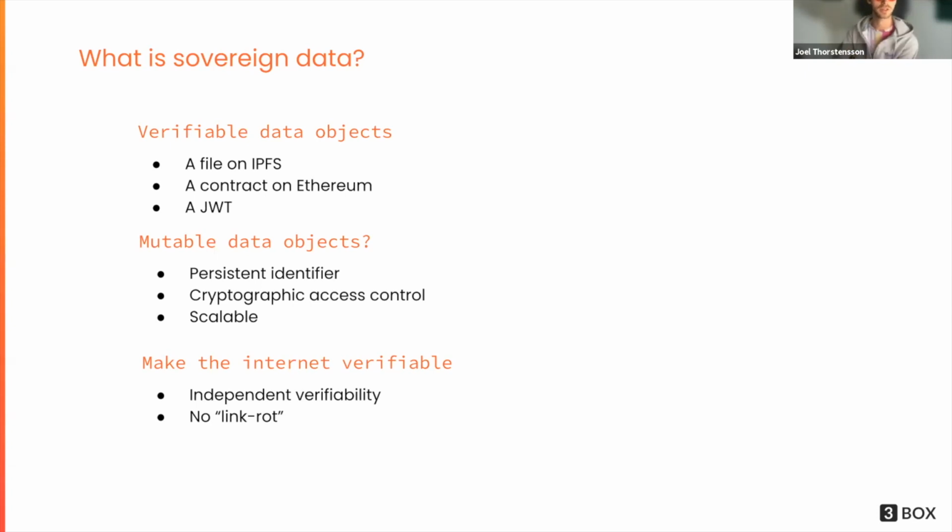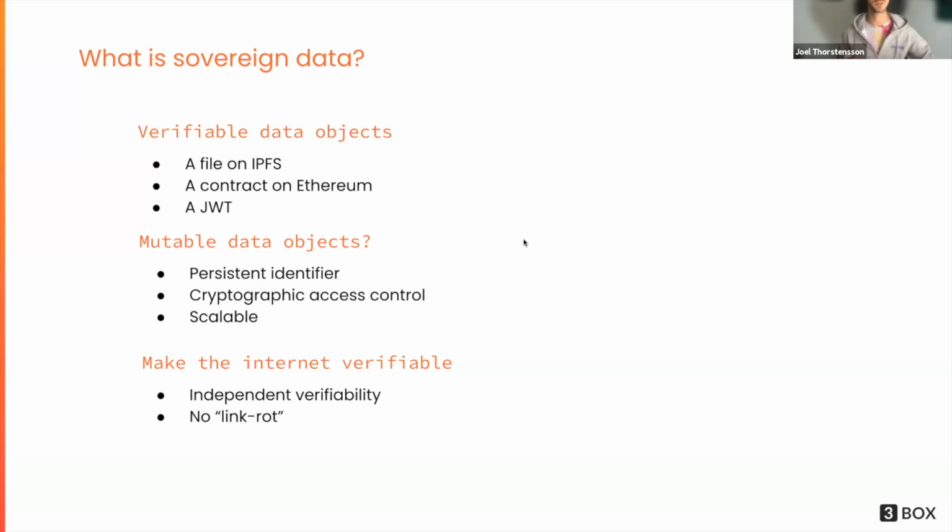You could have a contract on Ethereum that has state and changes over time, but that essentially requires you to sync the state of the entire blockchain. And finally, you have other types of cryptographically verifiable data, like a JWT, which is essentially some data object that has an attached signature to it.